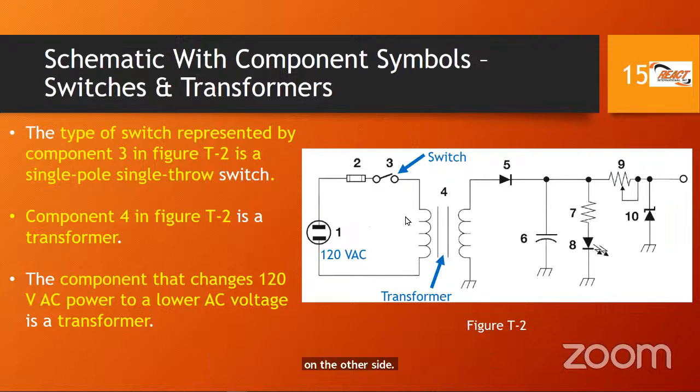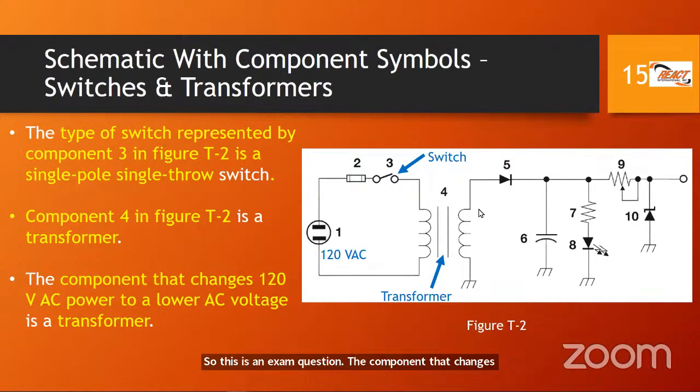It's almost like one pressure coming in and another going out. It could be the same, higher, or lower. In this case, we have 120 volts coming in, and the component that changes it to a lower voltage, and by the way this is a power supply circuit, is the transformer. The component that changes 120 volts AC power to a lower AC voltage is a transformer.